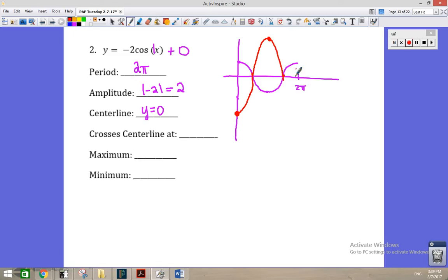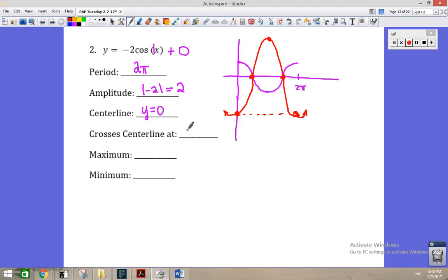This was at +1, and now it's down here at -2. So it's crossing the center line here and here. Reflecting it didn't change that. Vertically stretching didn't change where it intersects the x-axis from the regular cosine curve.